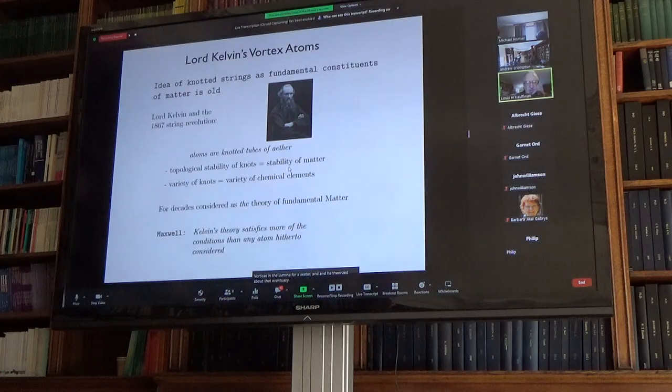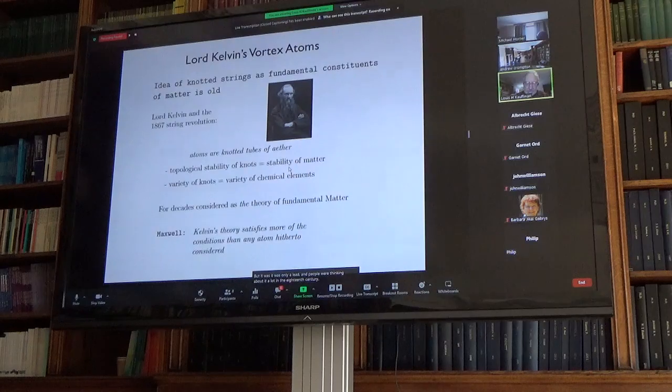Eventually, his theory came a cropper because people gave up the ether, but it also had its own difficulties during its time in the 1900s because there's the question of the stability of the vortex and many other questions of this kind. But it was a lead, and people were thinking about it a lot in the 18th century.